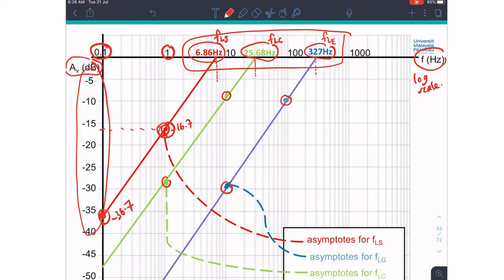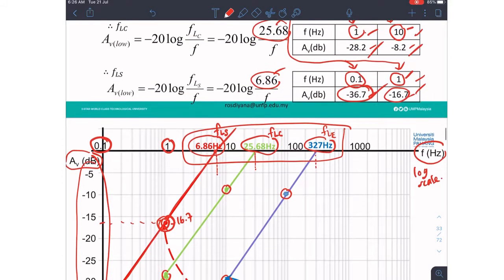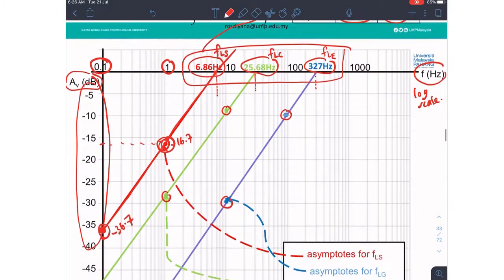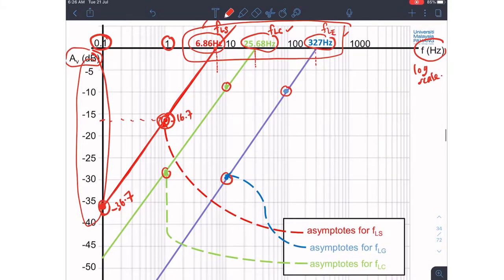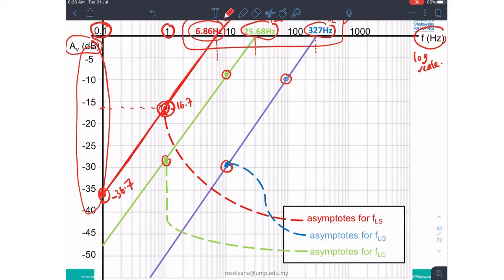Then when I get these 2 points, I can draw a straight line from these 2. Then it will cut to this area. So this point is actually the number that you calculate from here, 6.86. And it will continue for another frequency for the FLC, FLE. So now you get 3 asymptotes. You can see these asymptotes have the same slope.